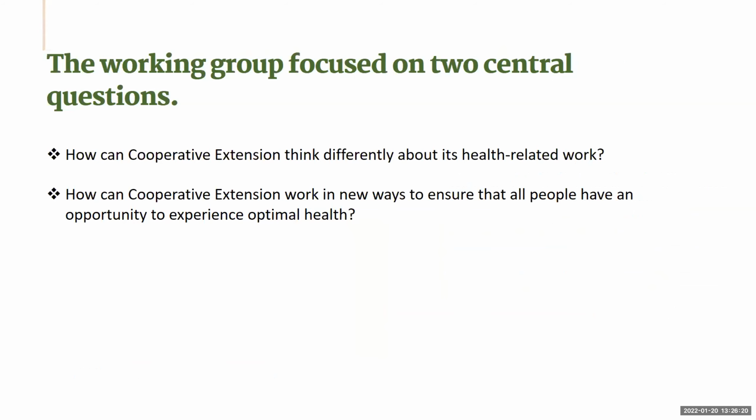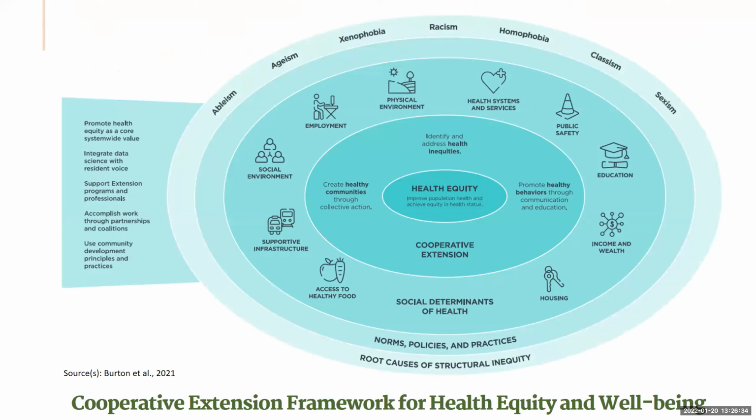So we asked ourselves, how can Cooperative Extension think differently about its health related work? And how can we work in new ways to ensure that all people have an opportunity to experience optimal health? Out of that came this framework, the new framework for health equity and well-being.